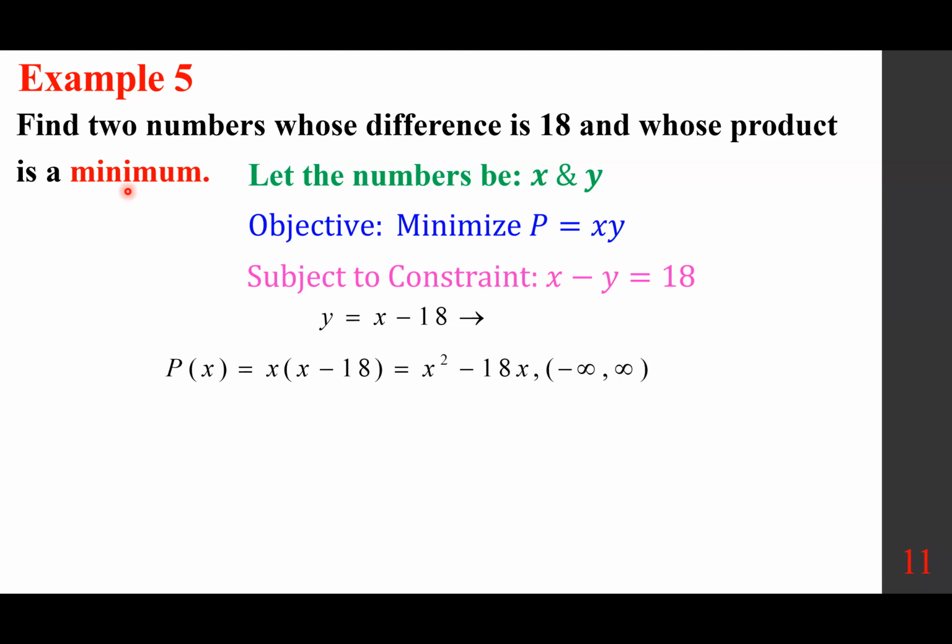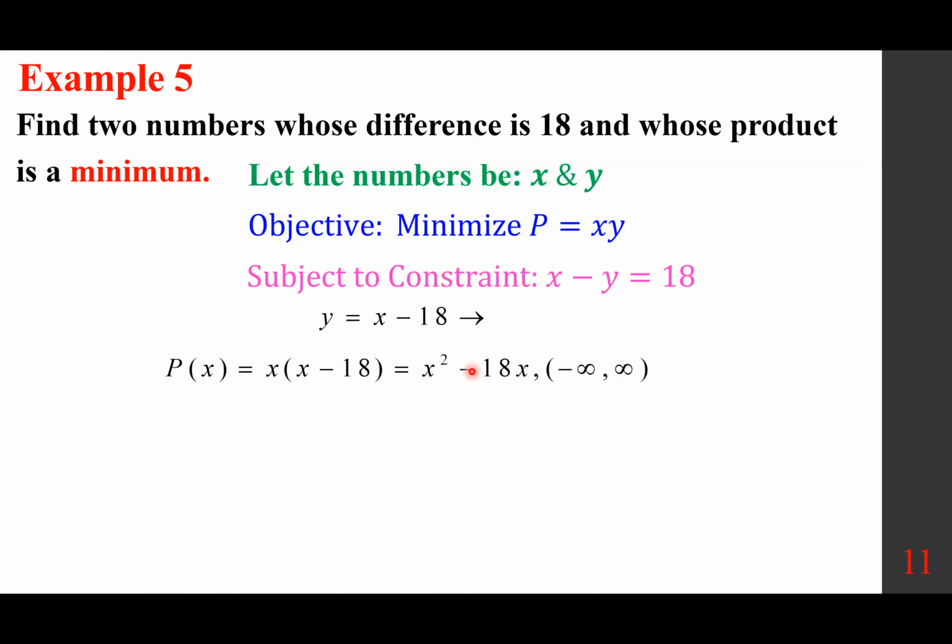Because what are we trying to achieve? We want to minimize the product. Is 0 good? Yes. Is negative good? That's even better. So because we want to minimize it, we don't care if the result would be negative or 0. Therefore, it is an open interval of negative to positive infinity.